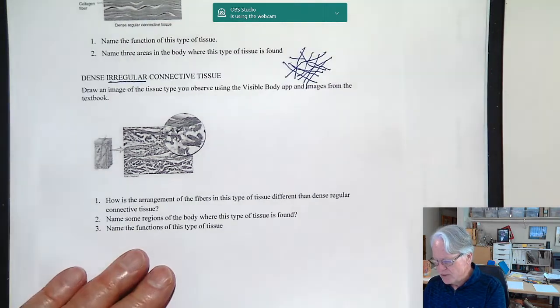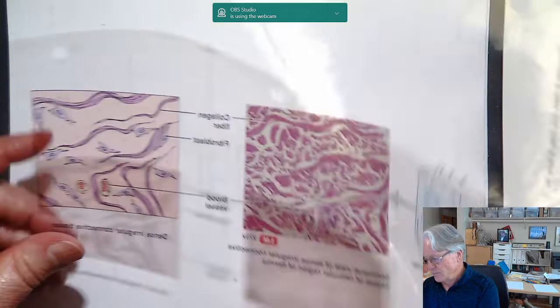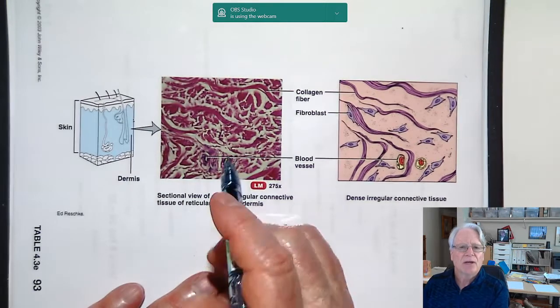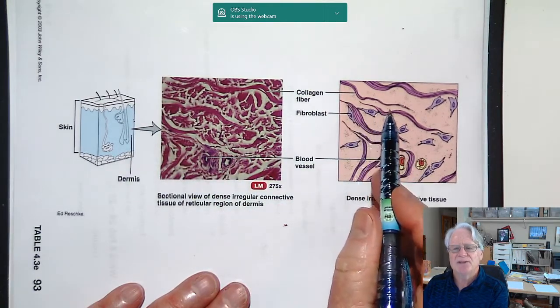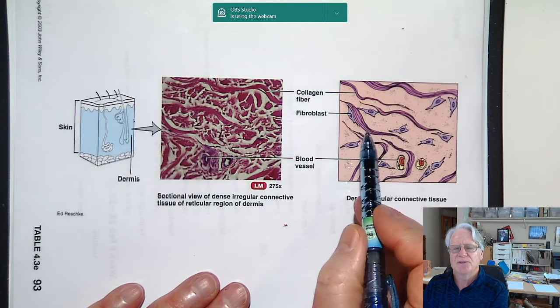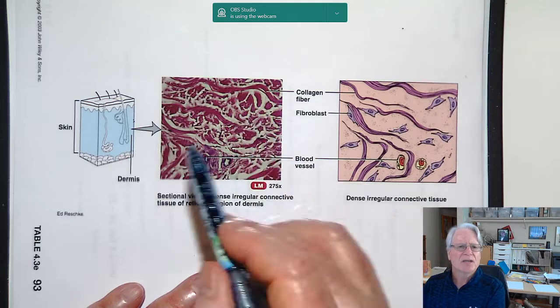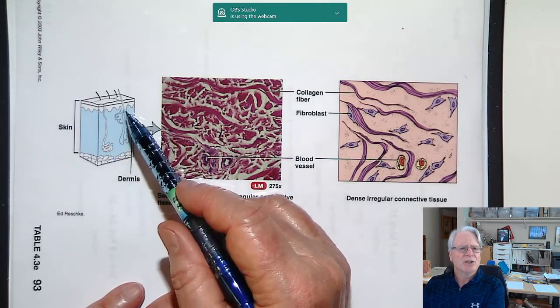So when we talk about dense irregular connective tissue, what we're looking at is something like this. Okay. So there's an example. And see, the fibers are not all parallel. They're kind of crisscrossing, although they don't do a very good job of showing you that here. But they are running in multiple directions. And here, in the case that they're showing us, is the dermis.